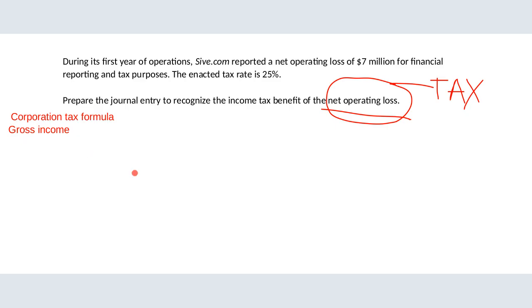Less any excluded income for tax purposes. And then less our tax deductions, so deductions that are allowable for tax purposes under the tax law. And then we arrive at taxable income.